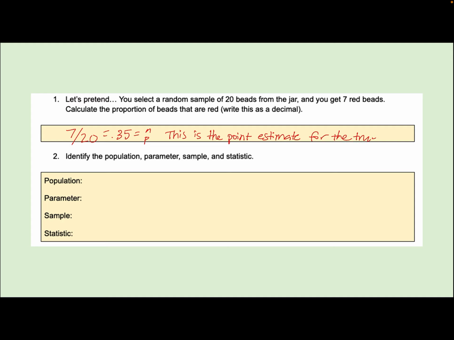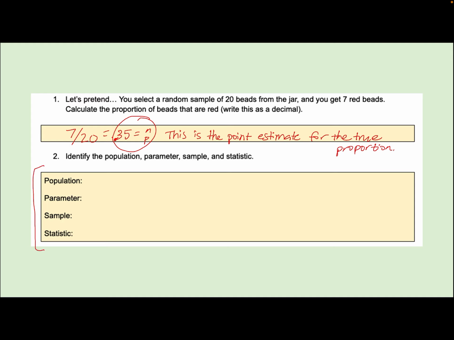What this means is that we took a sample, we got our p hat 0.35, and that's a single point estimate for the true proportion of the whole jar.